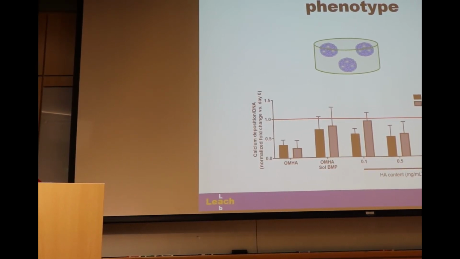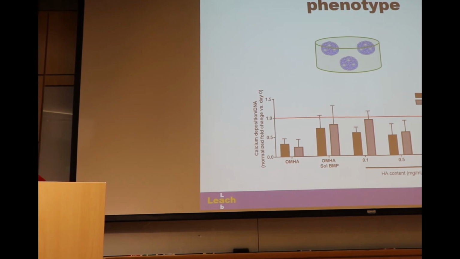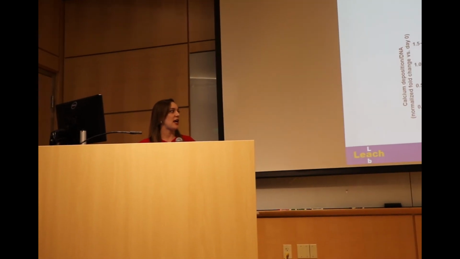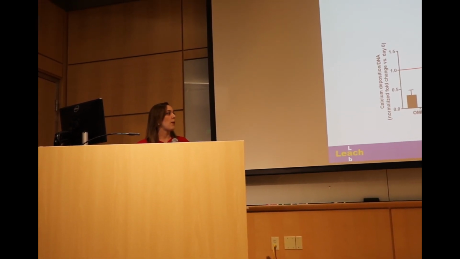We see that in all groups, they do revert back. However, in the BMP2 loaded onto HA and then incorporated into the spheroids, specifically at the 0.1 and 1.0 milligram per mil concentrations, a recovery in that osteogenic phenotype is seen from day 1 to day 5, as denoted here by the arrows.